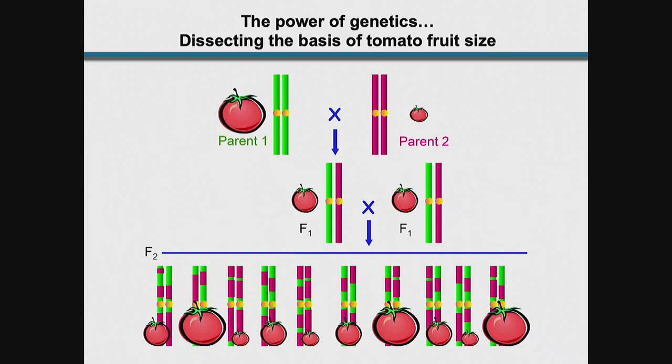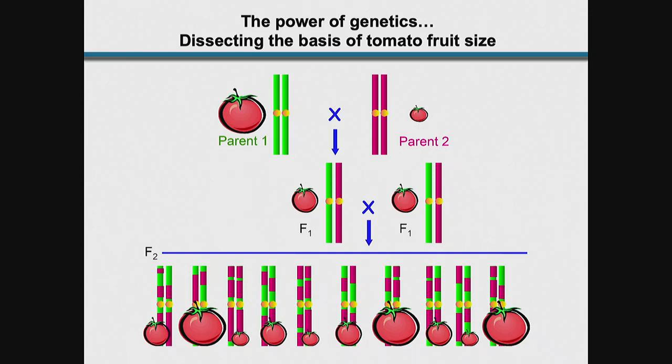So, to map QTLs, this is the generation we're focusing on, because that's where all the genetic variation and phenotypic variation is found, right? These are all highly homogeneous, and so are these, in terms of both genetics and fruit size phenotype. However, the F2 is where all the variation is, in terms of phenotype, in this case size, as well as genotype. So we want to look at as many members of the F2 generation as possible, right?